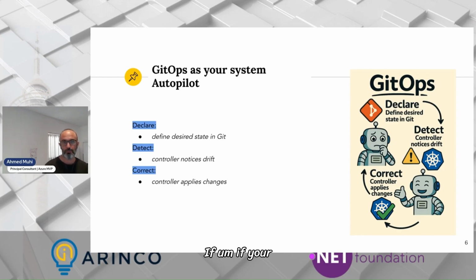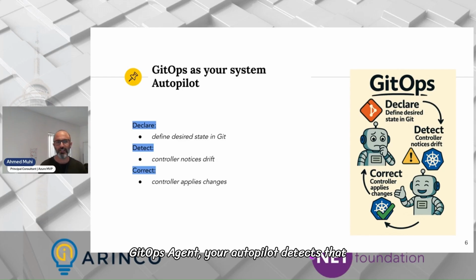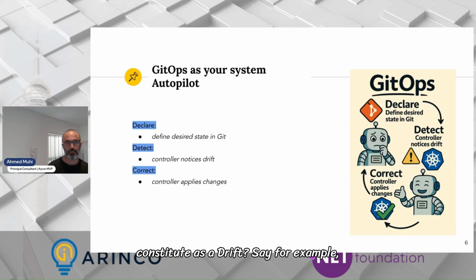If your GitOps agent, your autopilot, detects that there is a drift... and what constitutes a drift? Say, for example, that you defined in your Git repository that you want 3 replicas of your application. And someone came in manually because of some load, as your application is not holding the demand, and decided to increase the number of replicas to 5.